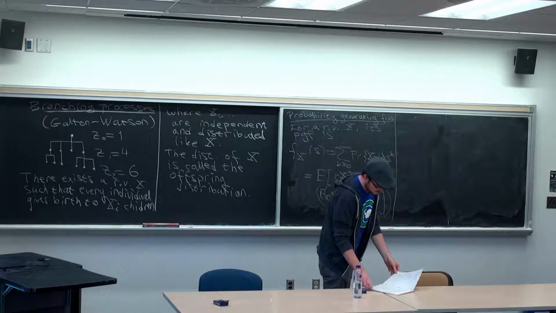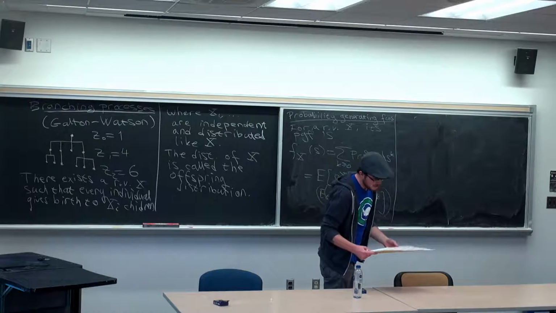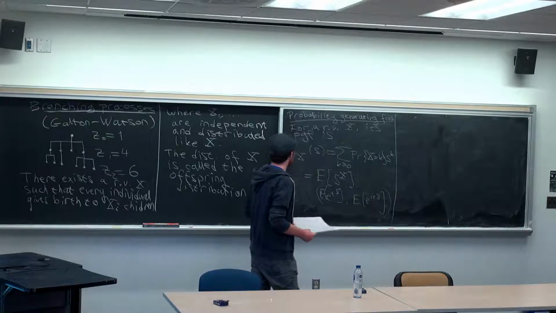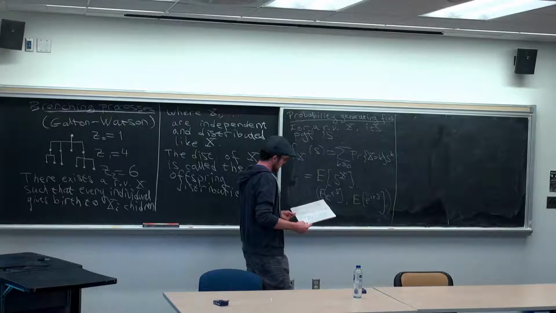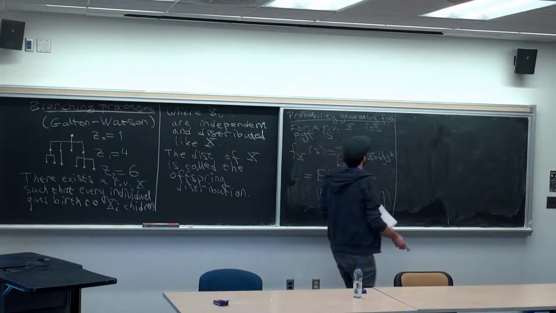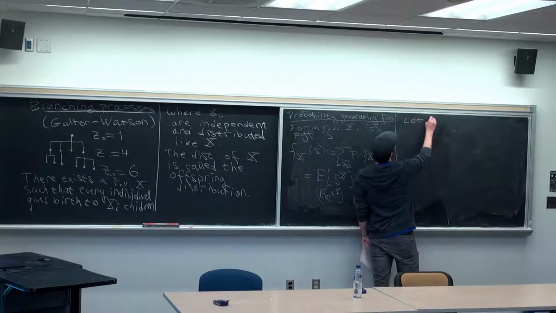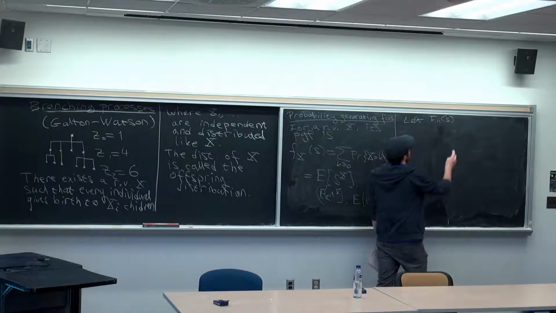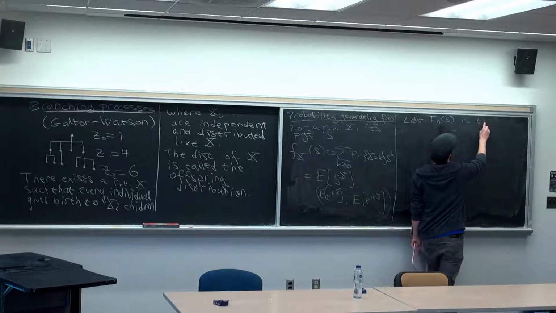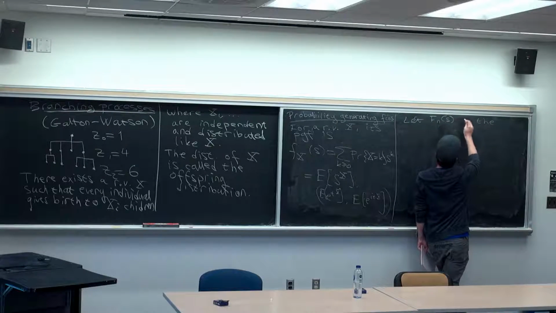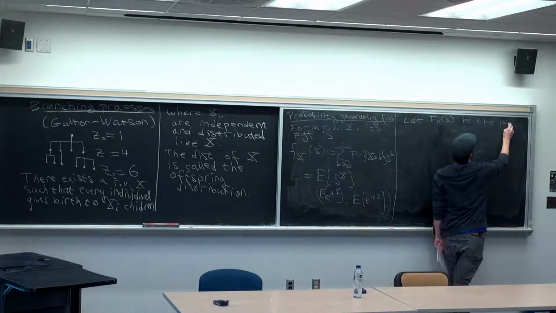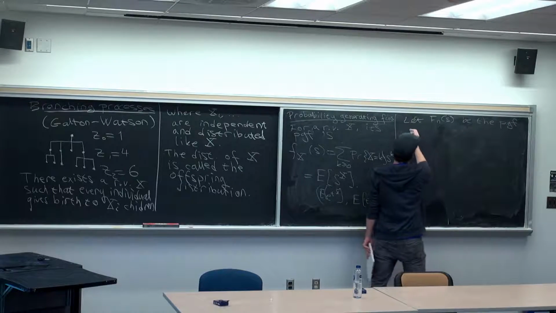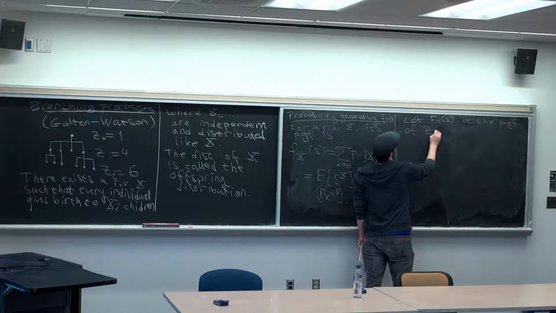So let's see. Probability generating functions are very useful when it comes to branching processes. So let's see, Fn of s is the PGF of Zn.